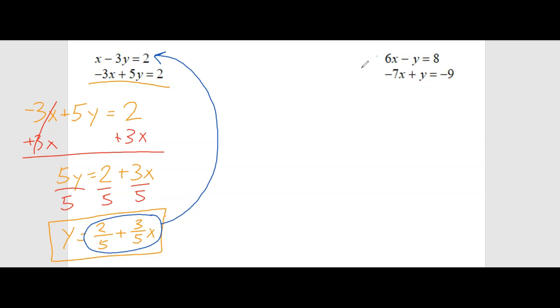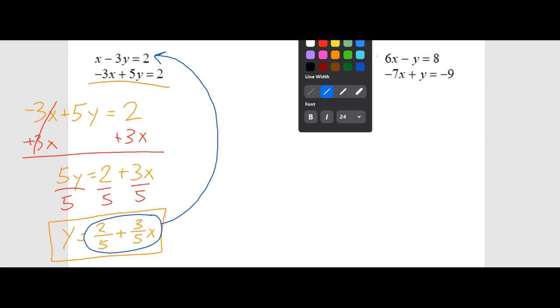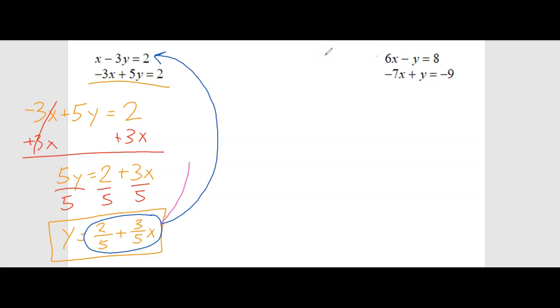the first equation. I guess let's take a little tangent here. It is important to realize that whatever equation you get the variable by itself in, when you make your substitution, you have to substitute it into the other equation. What you could not do is substitute this back into this equation for y.